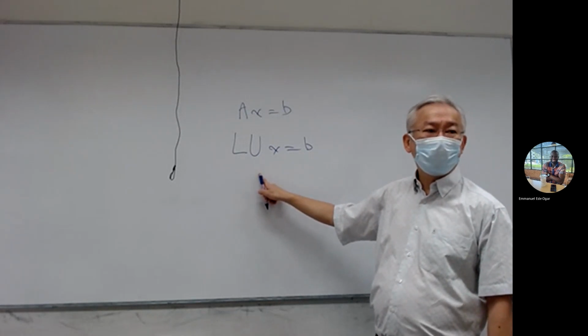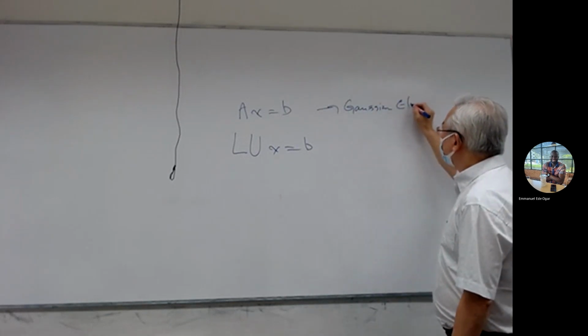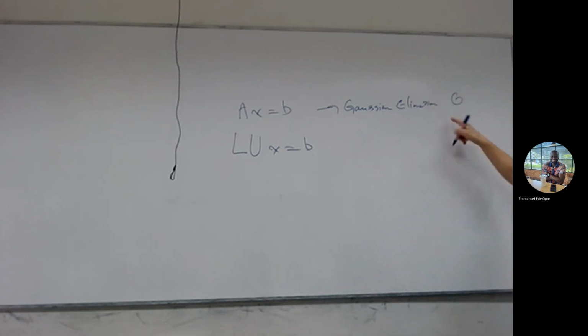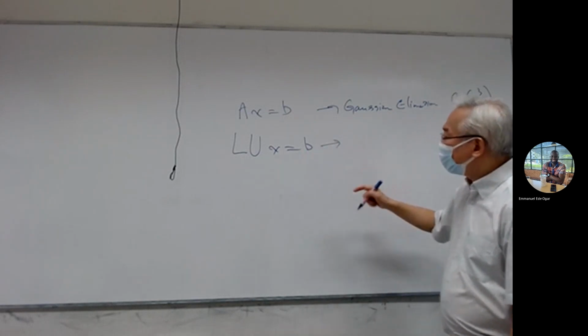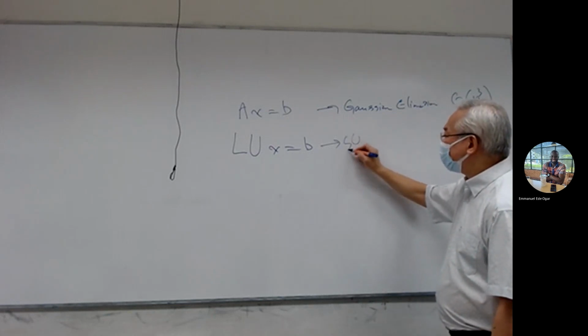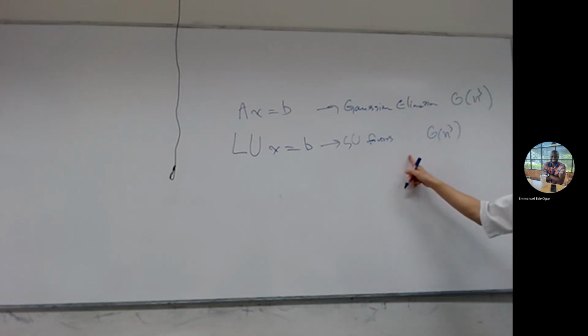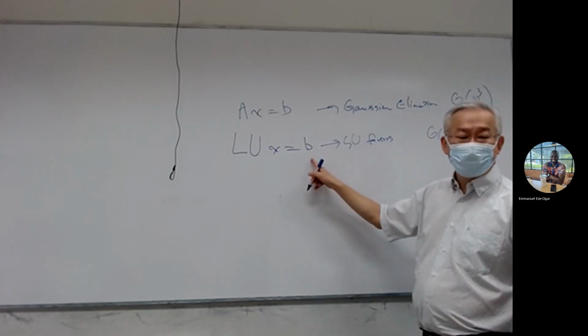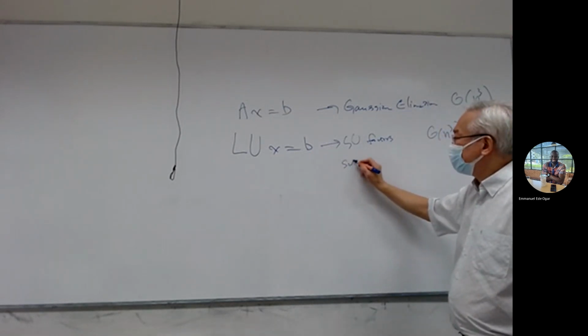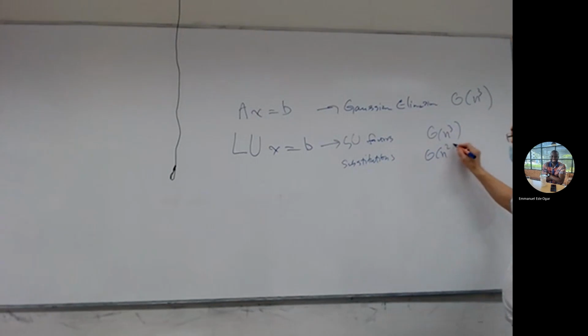With Gaussian elimination, the flops are in the order of O(n cubed). But with LU factorization, the factorization is O(n cubed), and we do this only once. After that, for each B, the substitutions are of order O(n squared).